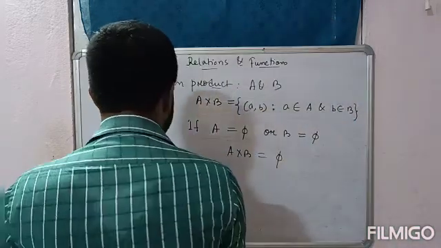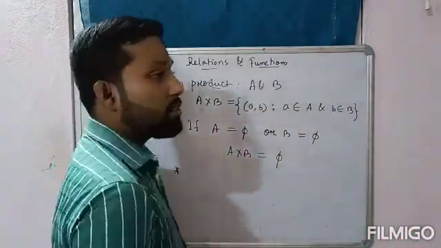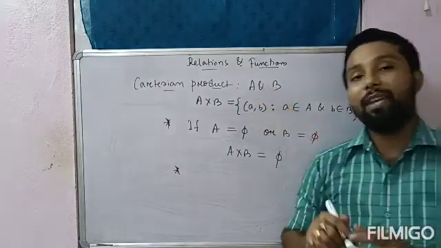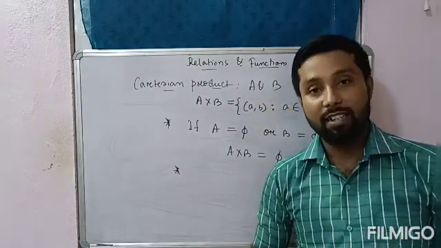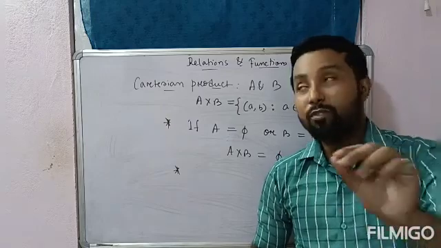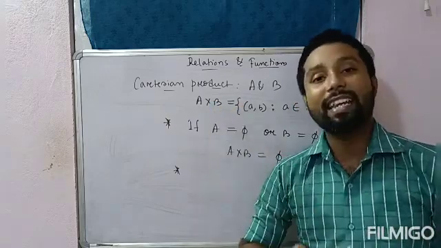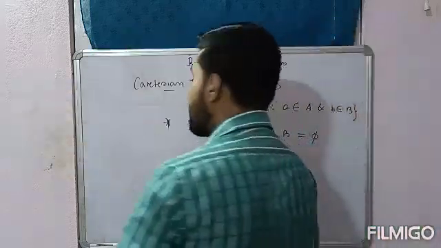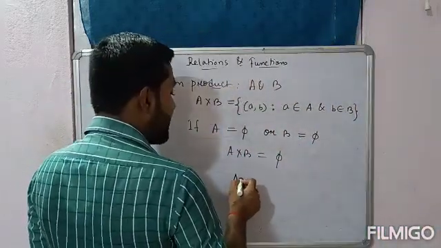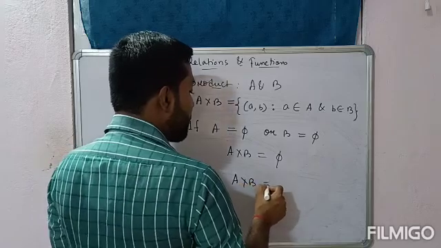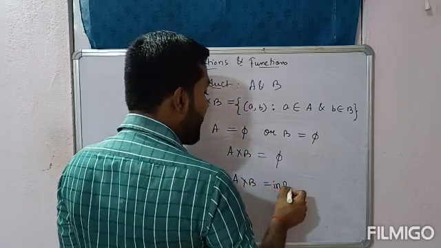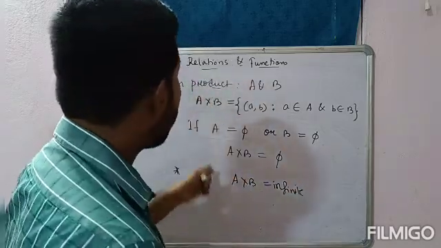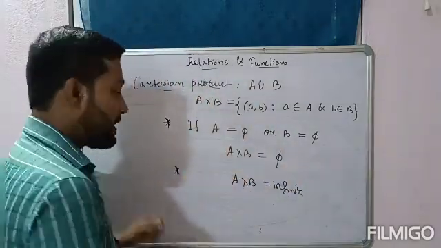Okay, case number 2, listen. If either of the sets A and B is infinite, then their Cartesian product is also infinite. Okay, this is case number 2 under Cartesian product.